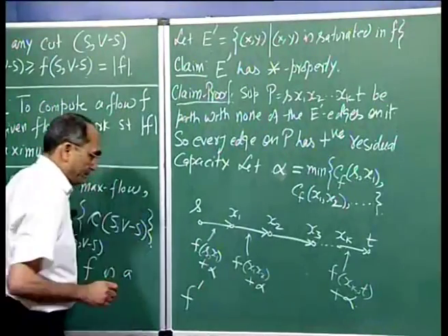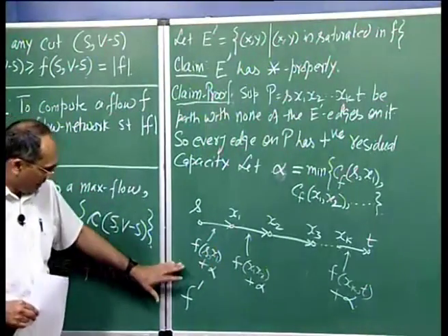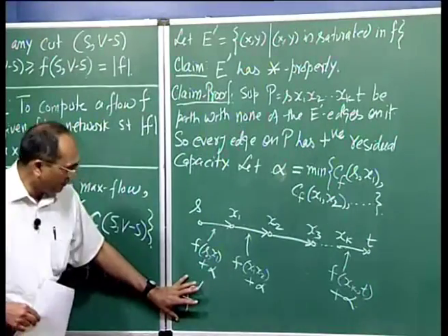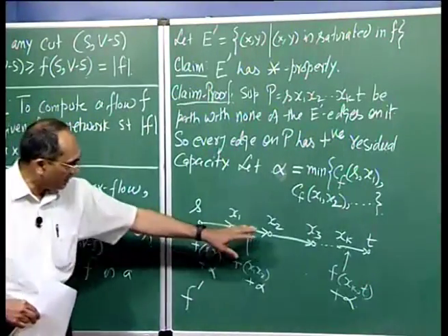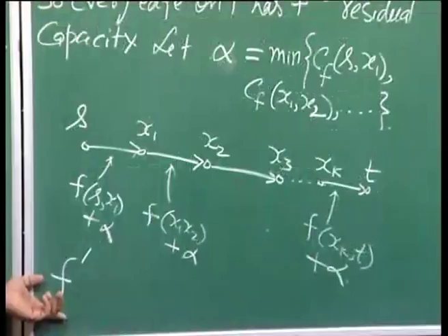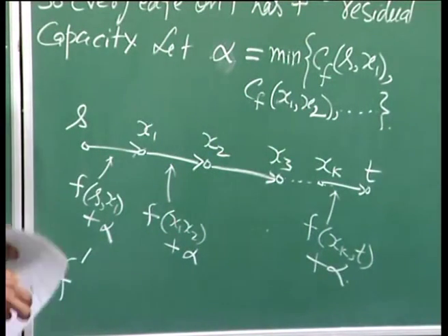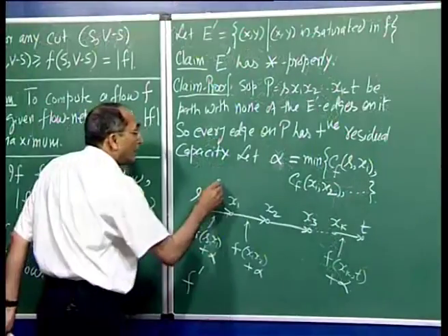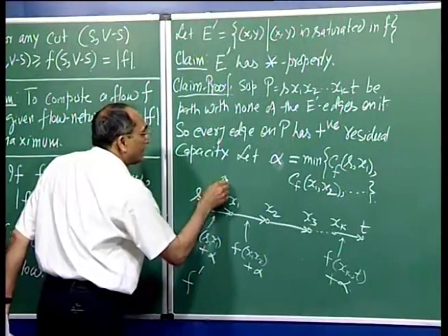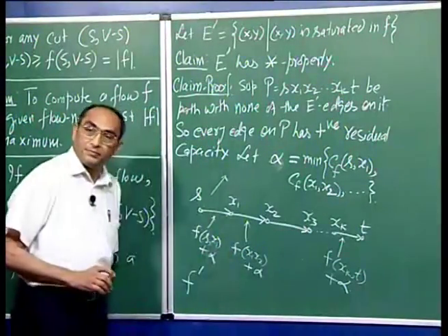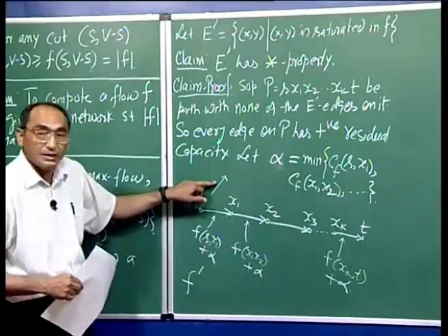denoted by f prime. This is a function assigning values on each of the edges. Is this a valid flow? So, notice that in any edge other than these paths, the flow remains intact.